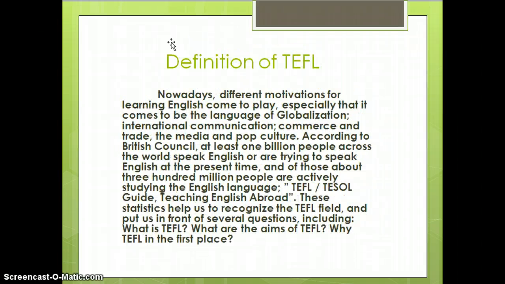Definition of TEFL. Nowadays, different motivations for learning English come into play, especially as it has become the language of globalization, international communication, commerce and trade, the media and pop culture.